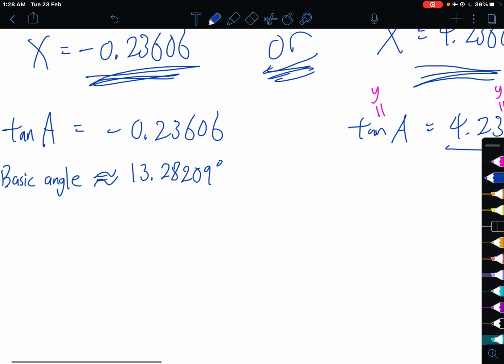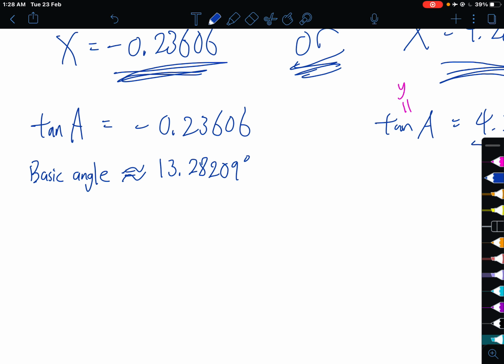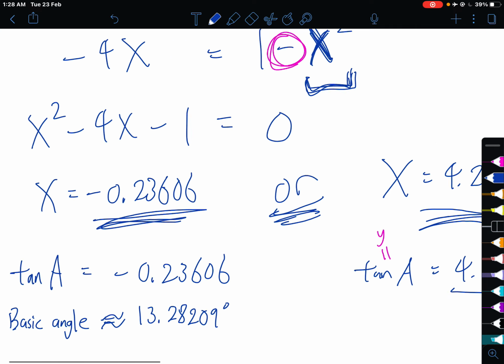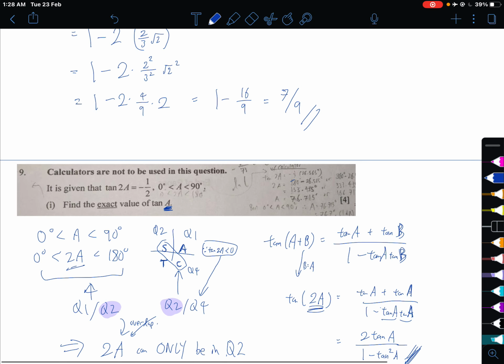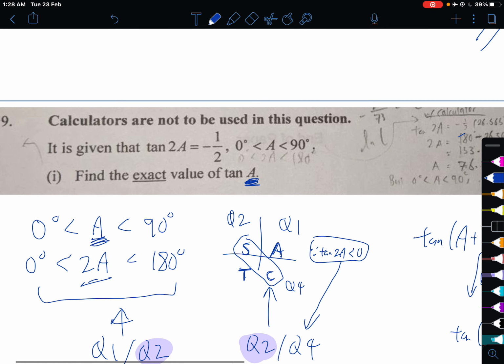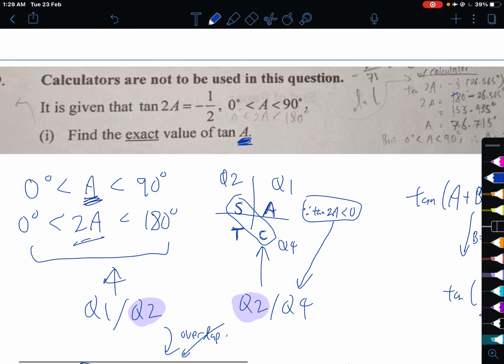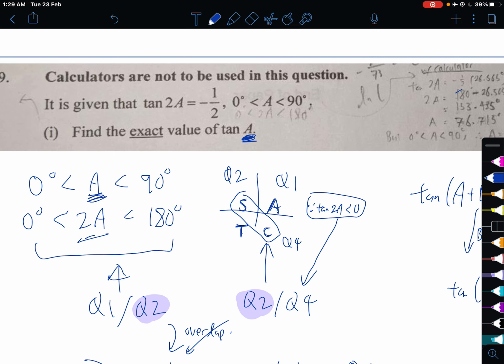But then tangent A is negative in this case. Now, that's when you should pause for a while and look back at the question, or look back at the beginning and the conclusion that we made about A. What's A? In between 0 degrees and 90 degrees. So it means it's Q1. Then what does that mean about the tangent of A?